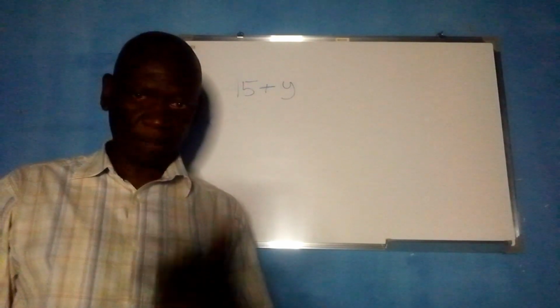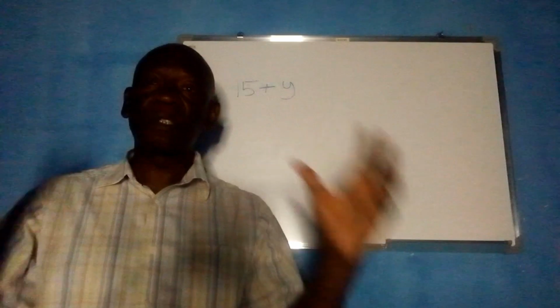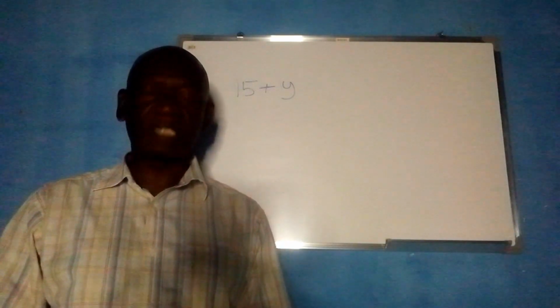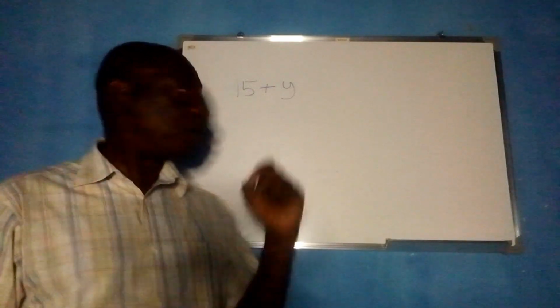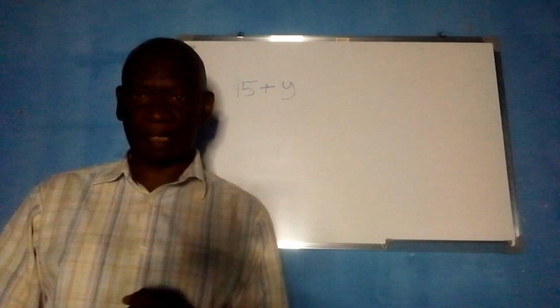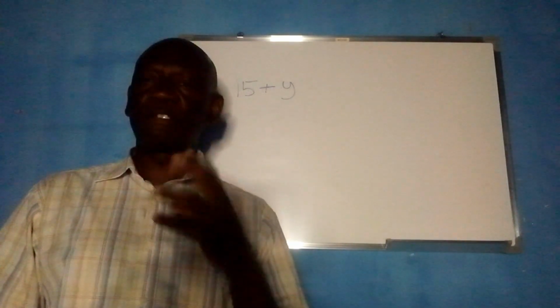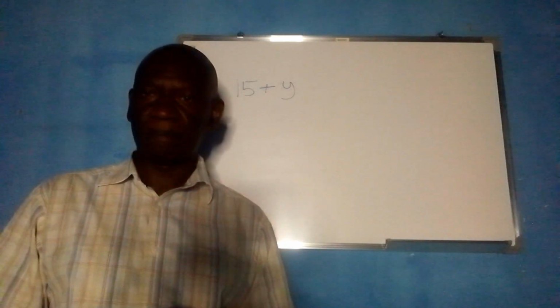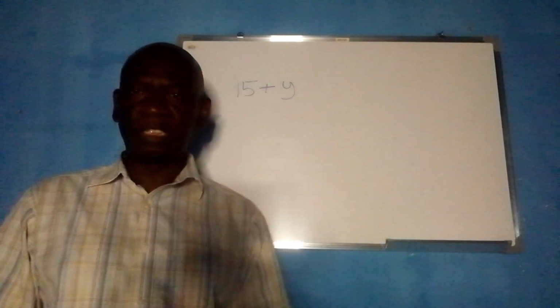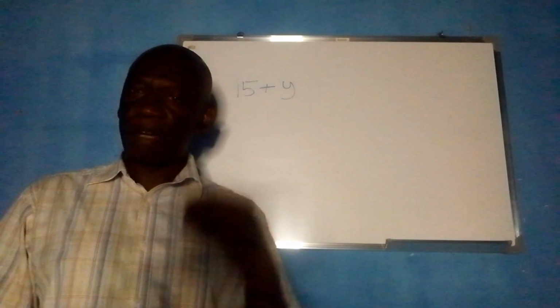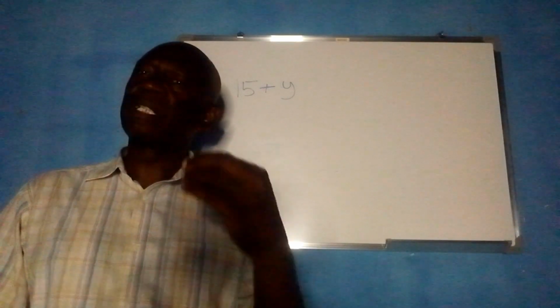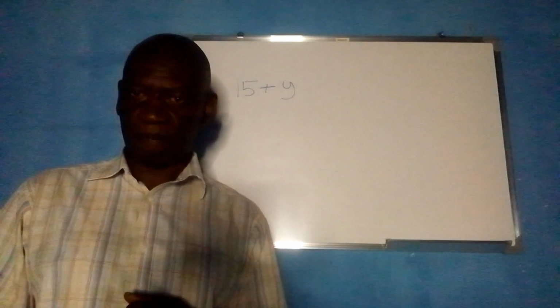Number one. Number two, we do not know the total number of learners in the class when the other group joined in. If we were given a total number, we would have written something different like this. There were 15 learners in this class, and a certain number of learners joined in. After that, the total number in the class came to 25.